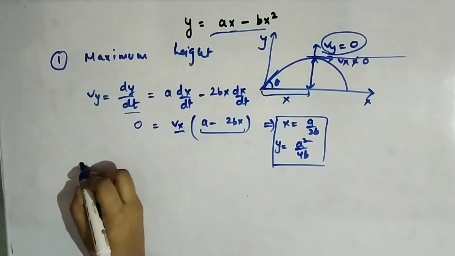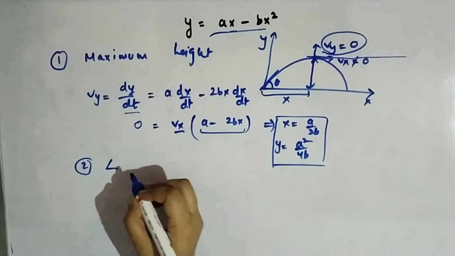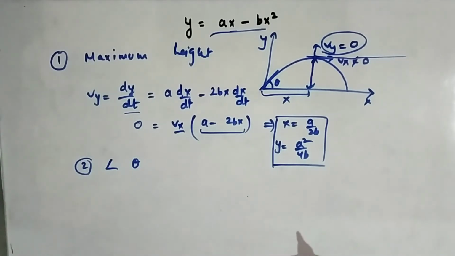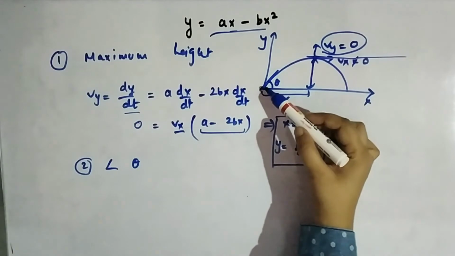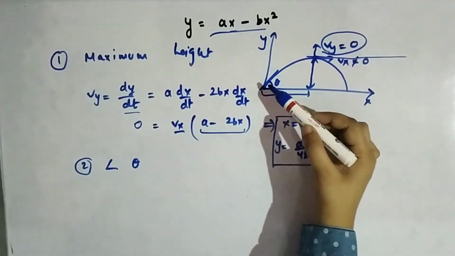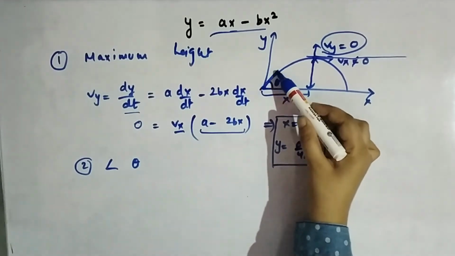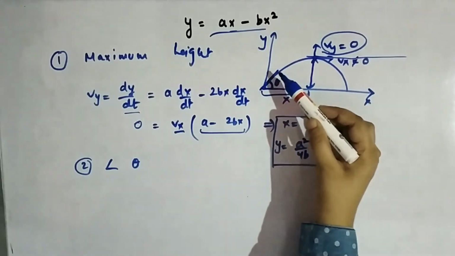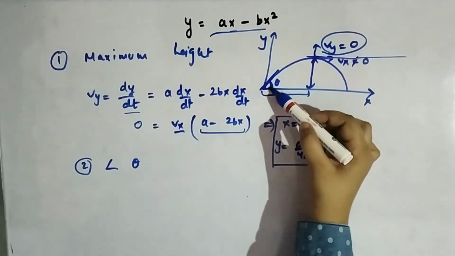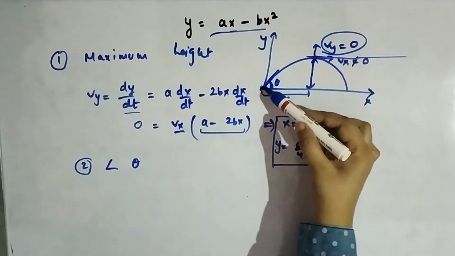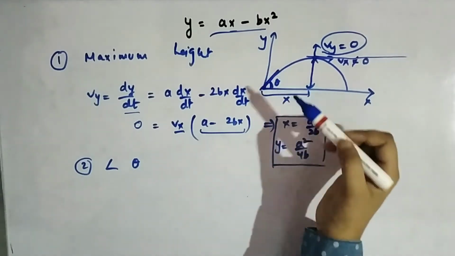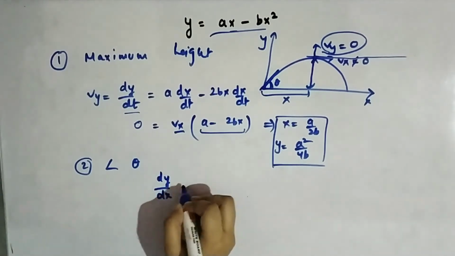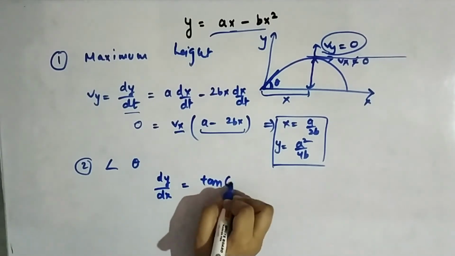Now the other part of the question, in which we have to find the angle theta. The quickest way to do it is you can see at x equal to 0, the angle is theta. The tangent is making the theta angle with the x-axis. How do we find the slope of the tangent at this point? We do dy by dx, which is equal to tan theta.